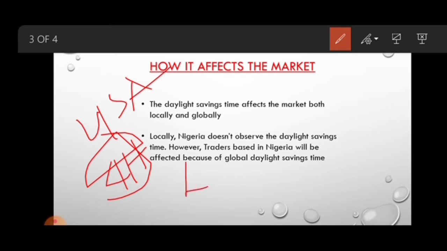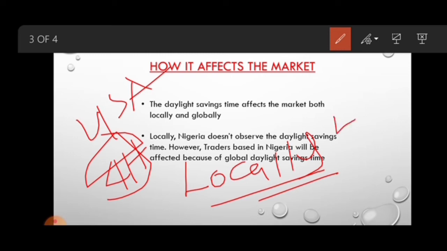We are talking about how it affects your trading locally. In the summertime, the 4-hour candlestick chart opens at 6 a.m. and closes by 10 a.m.